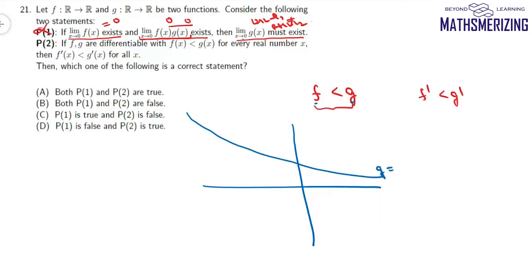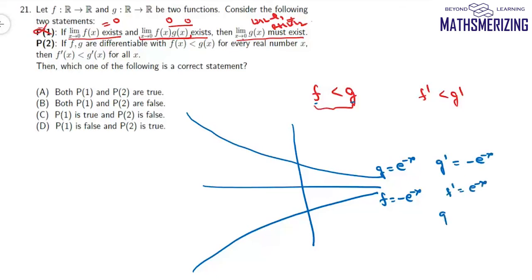Suppose this is g and it is e to the power minus x, and suppose this is f, which is minus e to the power minus x. So clearly f is less than g, but if I differentiate, I find g dash x will be minus e to the power minus x, and f dash is e to the power minus x. Now here g dash is actually less than f dash. So that means again statement 2 may not necessarily be true. So both these statements are not necessarily true. So that means both P1 and P2 are false.